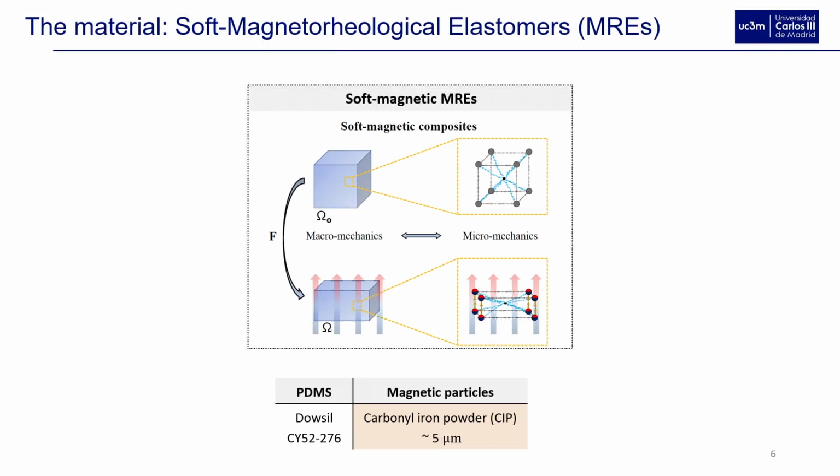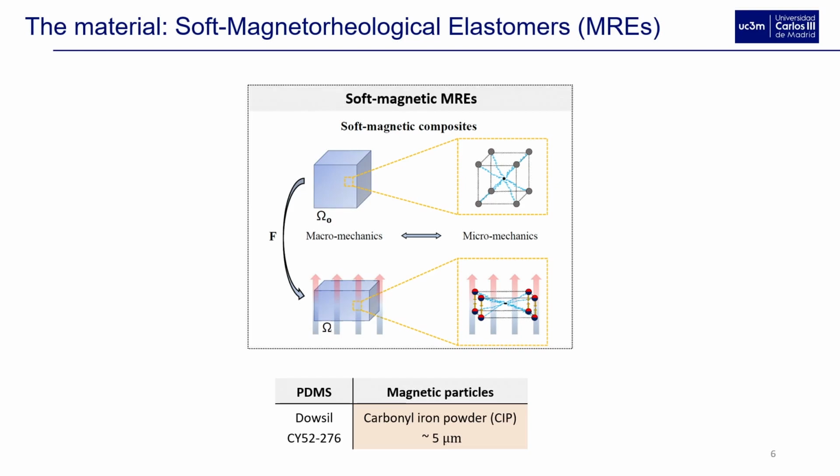So in terms of the material, our choice is the soft magnetorheological elastomer, MREs, okay, that is basically composed of an elastomeric matrix with magnetic particles embedded, okay. So in the presence of magnetic fields, the material responds and deforms, okay.